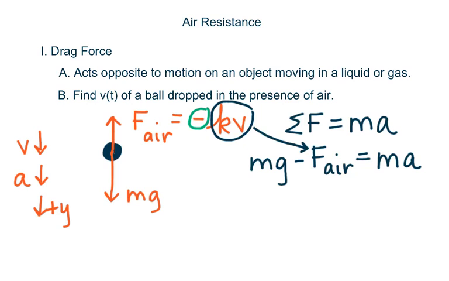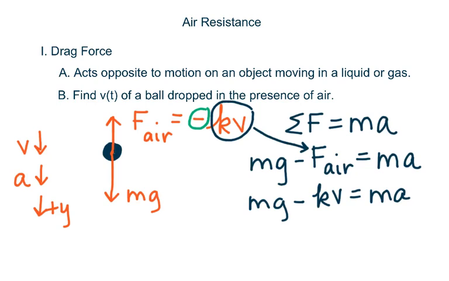Well, I already drew that in my diagram, so when I write out my equation for Newton's second law of motion, I can look at my diagram when I add up the forces and determine whether a value should be positive or negative. So plugging in the kv, it will look like this.